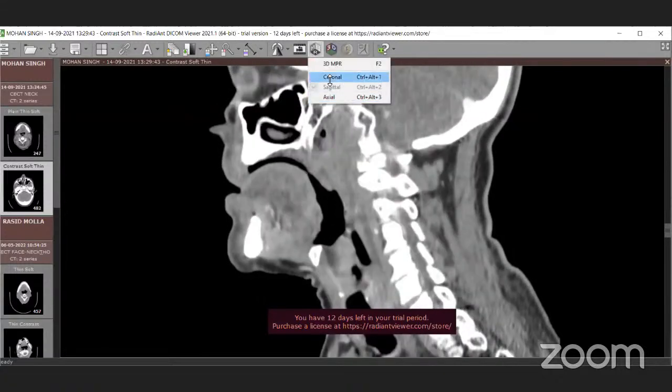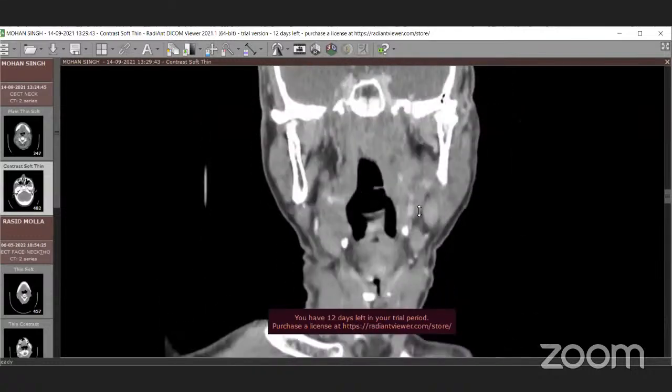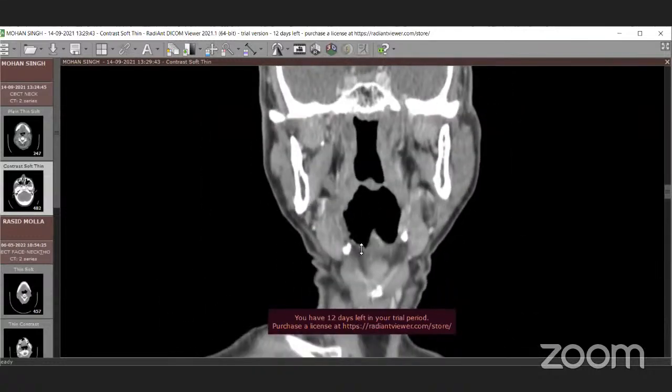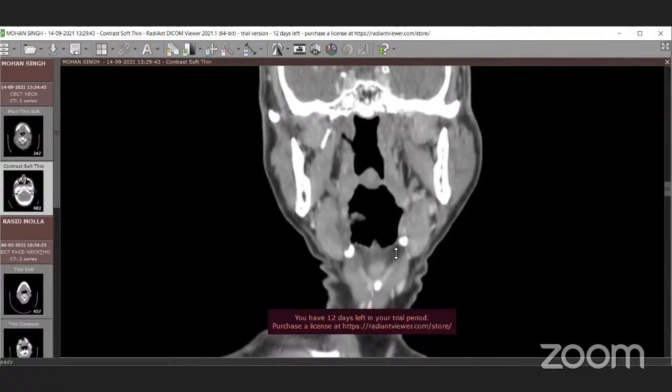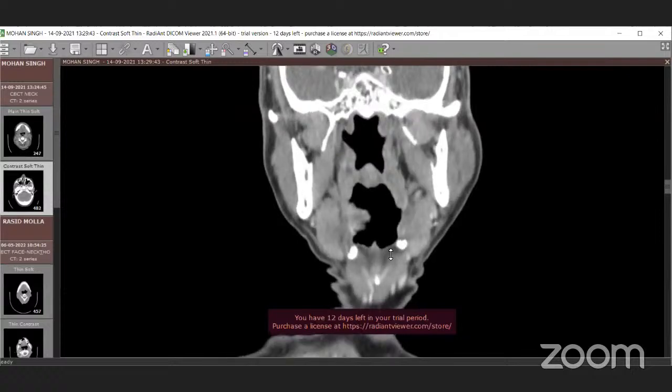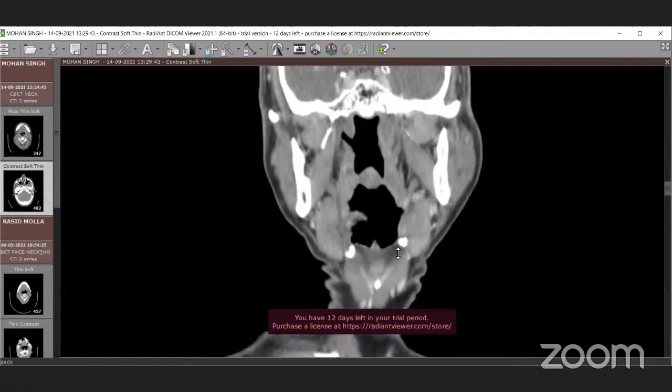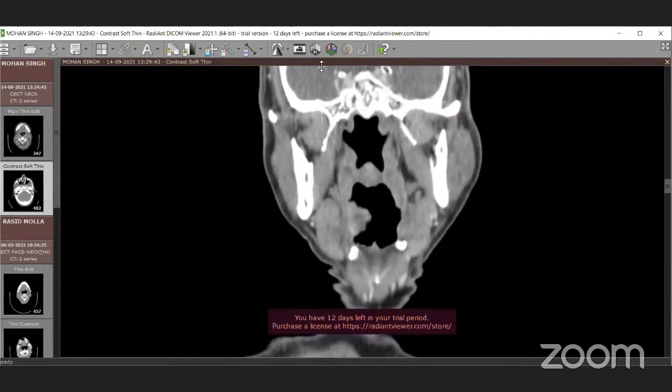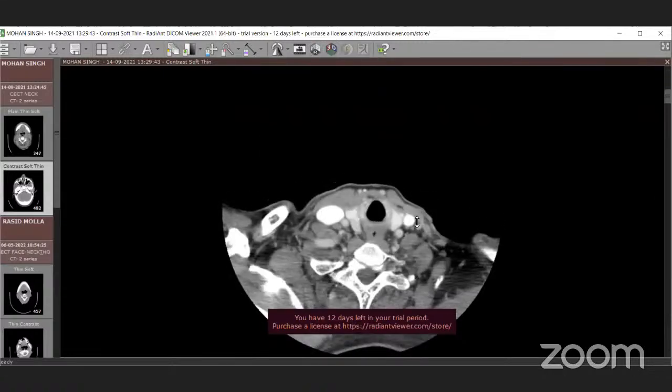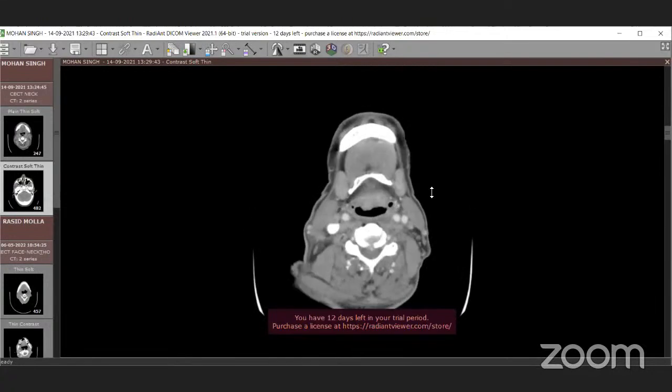When we go for coronal imaging, the paraglottic fat plane is better appreciated. This on either side is the paraglottic fat plane. So the preglottic fat plane here and the paraglottic fat plane on either side are in communication. Whichever fat plane is involved, these are very highly lymphatic, and nodal metastasis is very common in these.